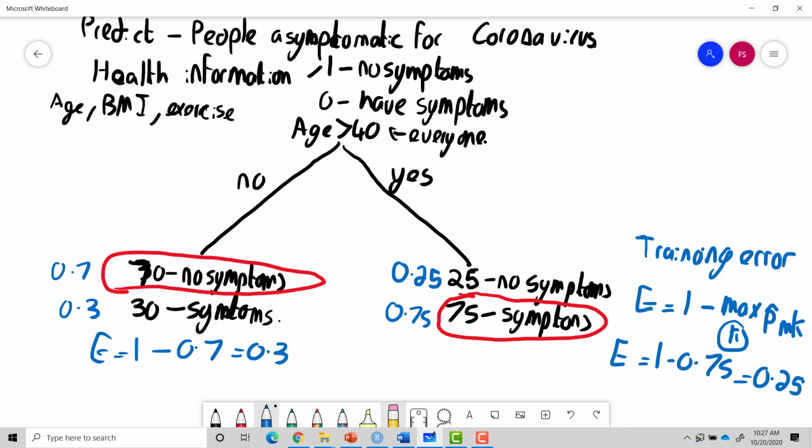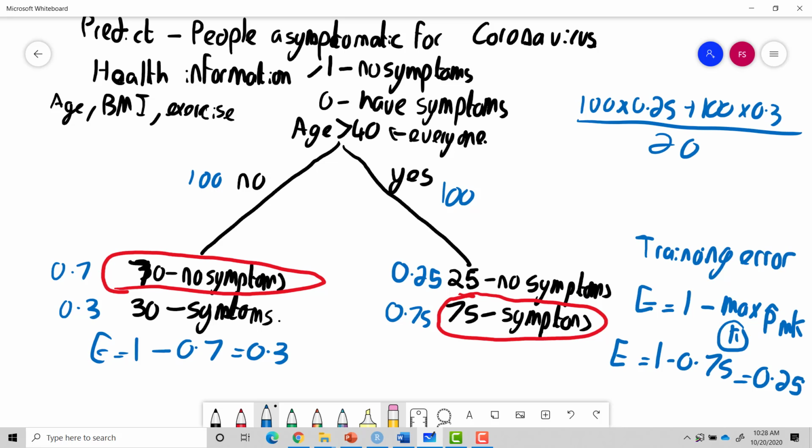We can actually weight this. Say we have 100 items coming down here and 100 items coming down here. It'd be something like 100 times 0.25 plus 100 times 0.3, all over 200. So we'd have the average error.